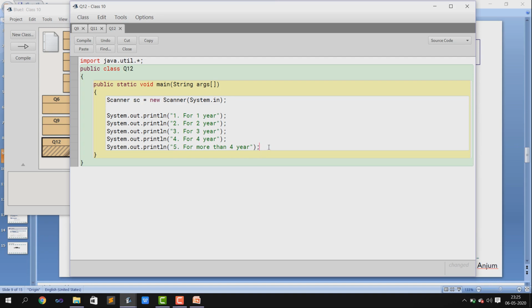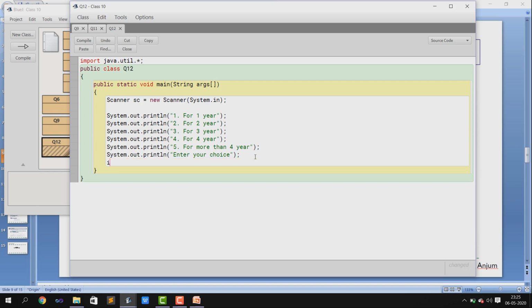Now you have to take an input. System.out.println, write Enter your choice. Your choice will be an integer type because 1 2 3 4 5 we have taken. So write int choice equals sc.nextInt, because we are going to receive an integer.